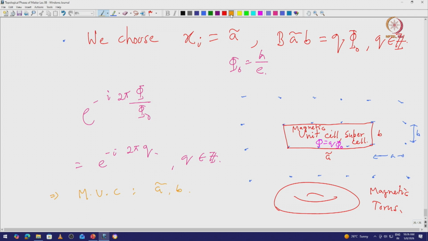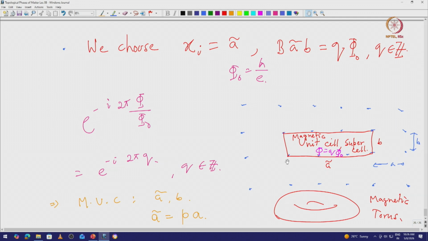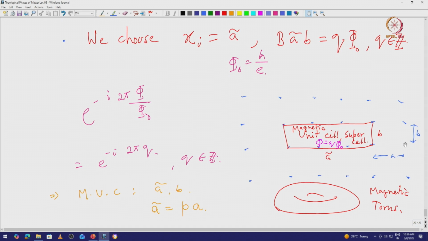Now, the thing is, can I choose a tilde to be equal to an integer times a, because b is changing continuously and a will then also change continuously? It can be any distance between the two atomic positions, right? The atom has not moved, it is the definition of the unit cell.